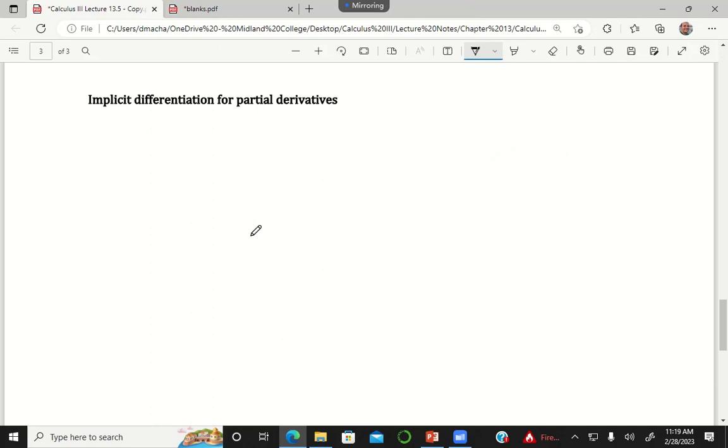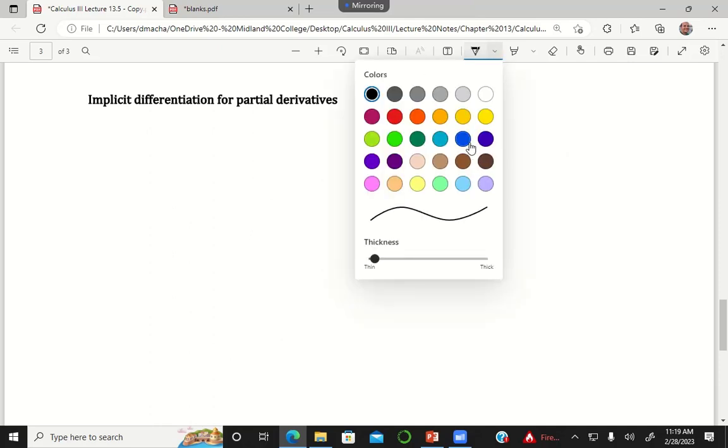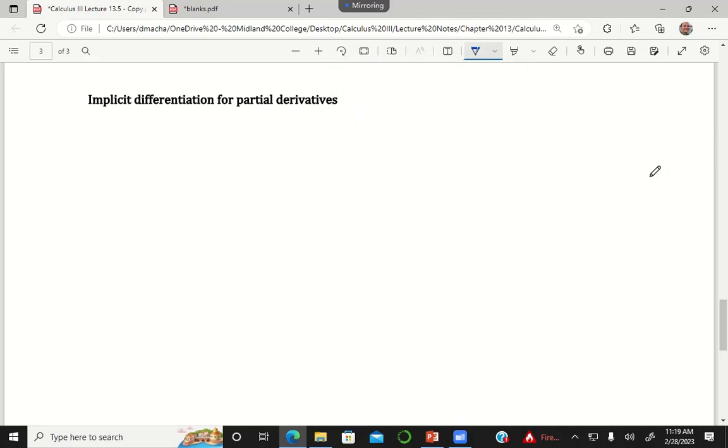The other thing in section 13.5 is implicit differentiation. So, let me find an example. Like this one says secant of x times y plus tangent of x times y plus 5 equals 0.